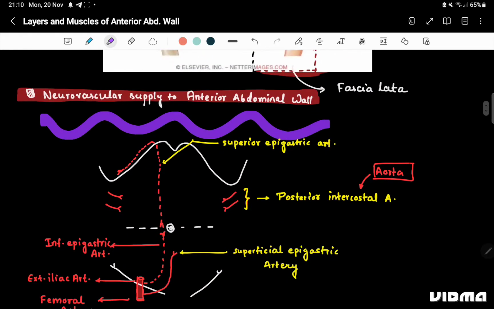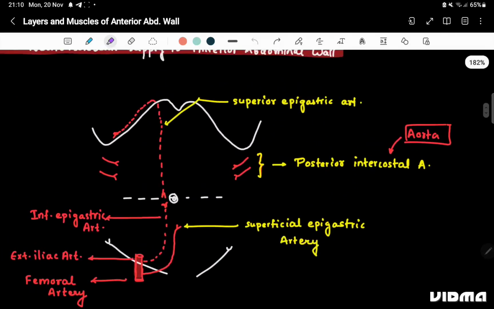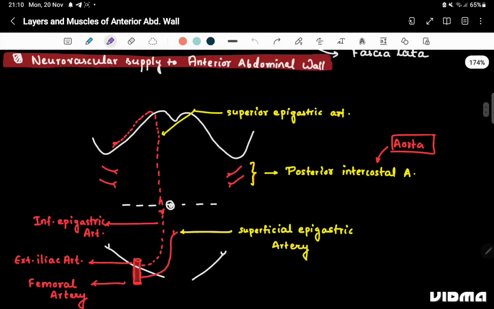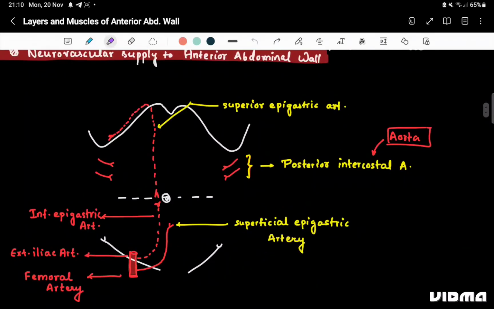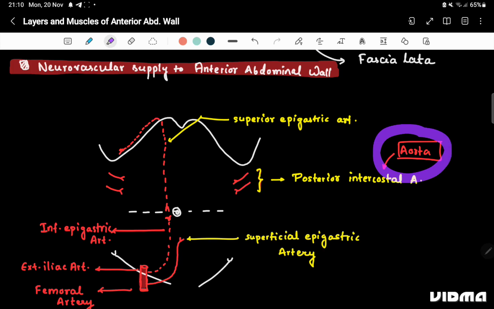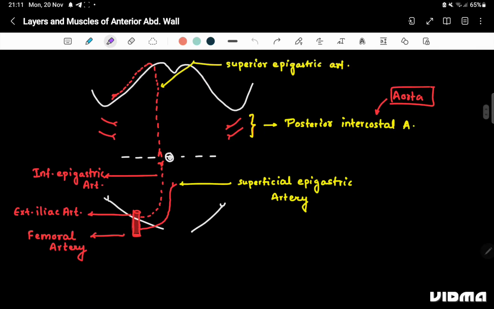What is the neurovascular supply to the anterior abdominal wall? First of all, we have our superior epigastric arteries supplying here, and we have the posterior intercostal arteries from your aorta, supplying the lateral parts of the anterior abdominal wall. Then from the femoral artery, we have a branch, the superficial epigastric artery, which will also supply it.